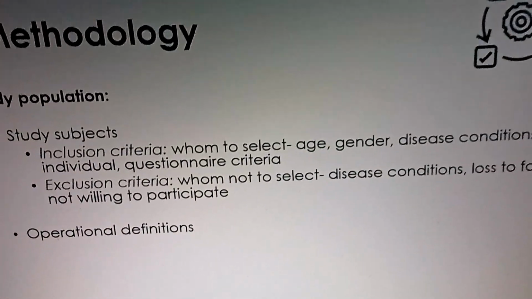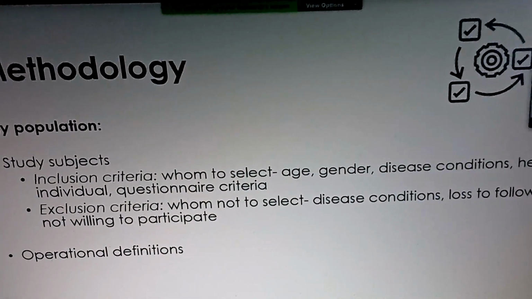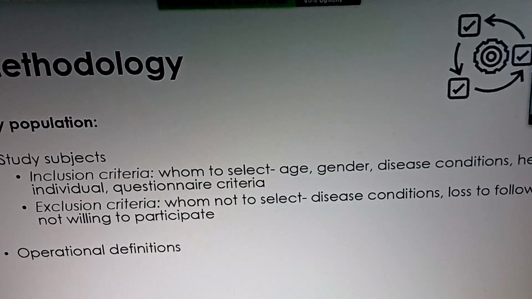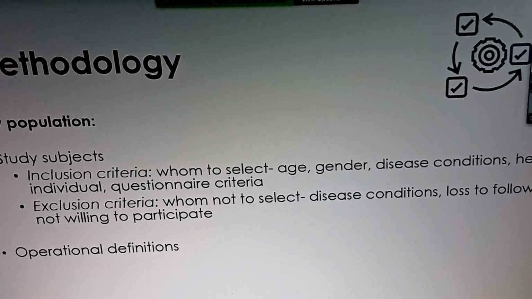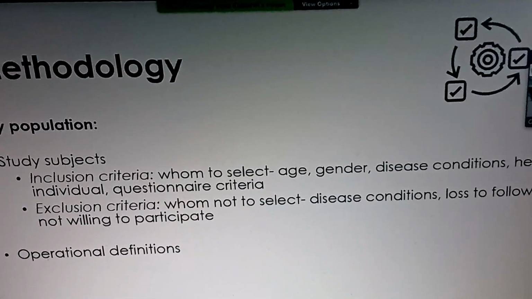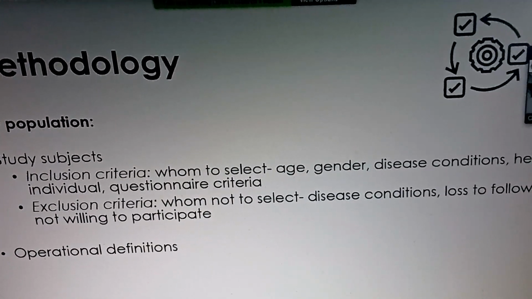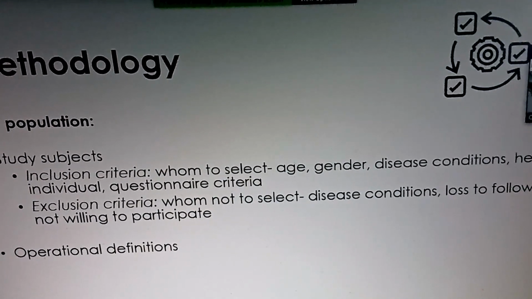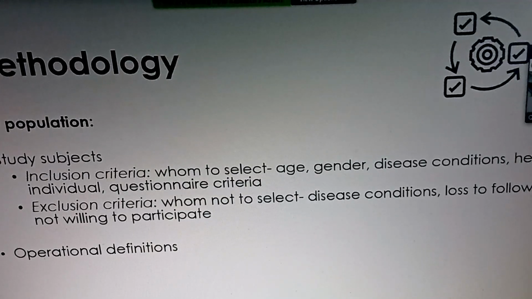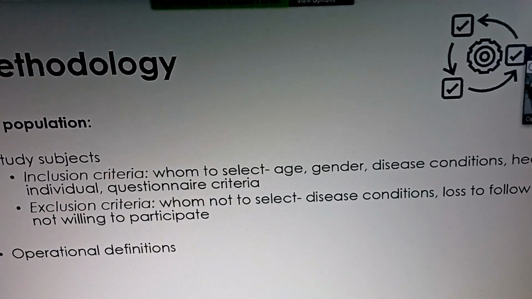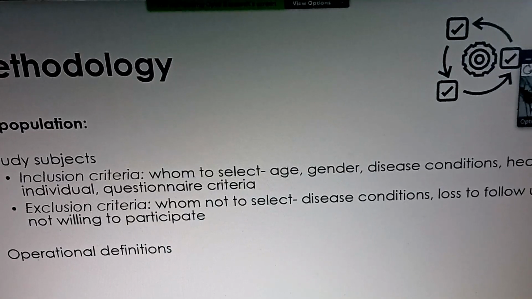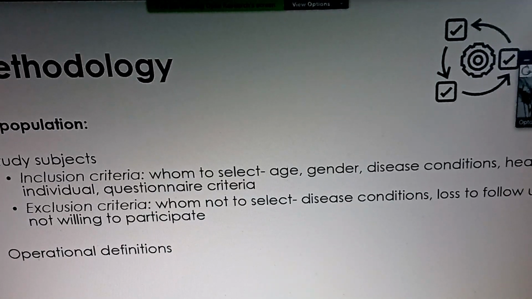What I mean by operational definition is, as per your decision, your research knowledge or your expertise, you decide which definition you want to take. So if there are multiple definitions for ARMD, say there is the AREDS classification provided in 2002 or so.